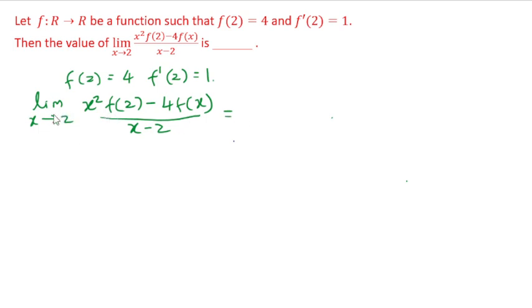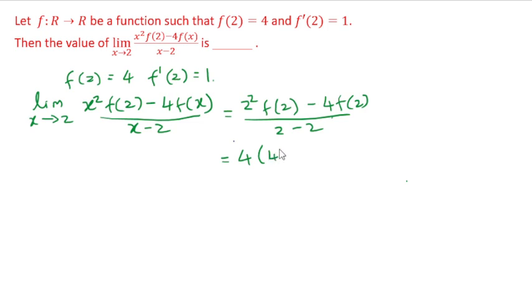So whenever we are given a limiting process, first we have to substitute the limiting number, which means we have to substitute 2 in place of x. Replacing x with 2 in this expression, we get 2 square f of 2 minus 4 times f of 2 over 2 minus 2, which equals 2 square is 4, and the value of f of 2 is 4.